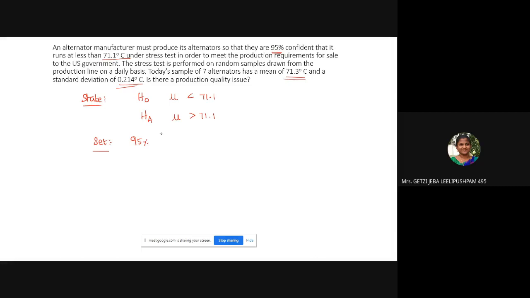Now the next step is compute. We are going to compute the Z score, the Z value. Z value is x minus mu divided by sigma divided by root n. What is that? X is 71.3, the sample mean, minus mu, the population mean, divided by sigma, which is 0.214, divided by root 7, as 7 samples were taken.